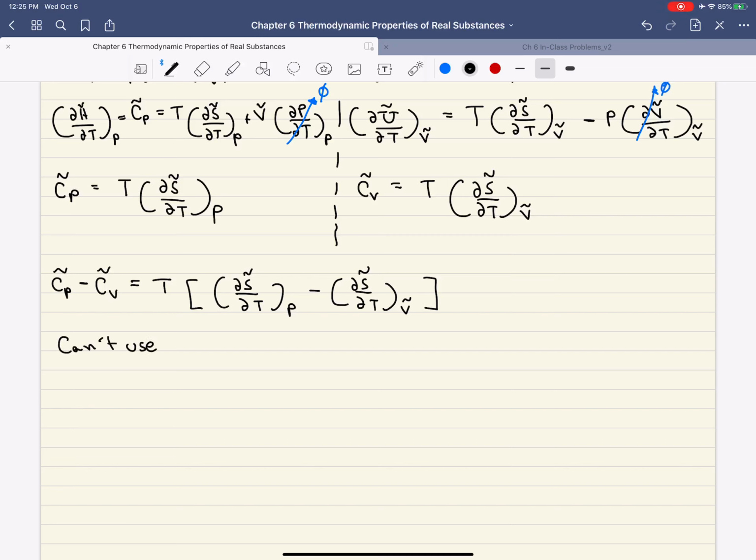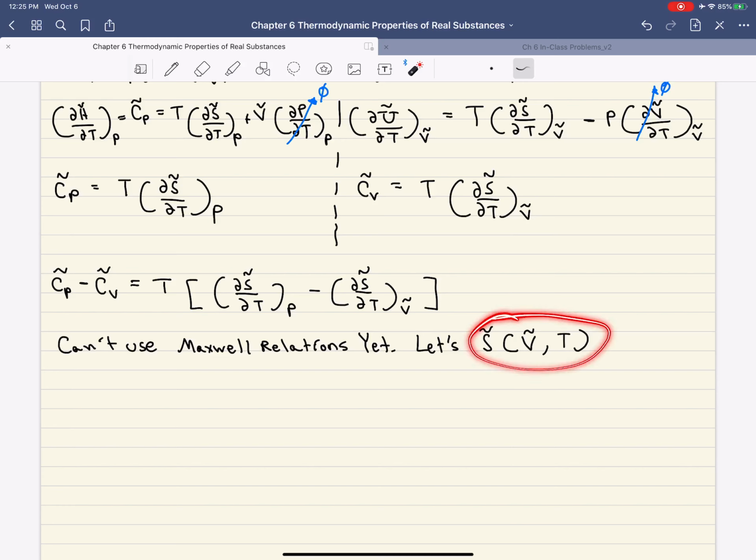We can't use Maxwell relations yet. And so instead we're going to think about entropy as a function of molar volume and temperature. Equivalently, we could think about entropy as a function of temperature and pressure, and the analysis would work the same way. But for now, we're going to start out thinking of it in terms of volume and temperature. Okay?